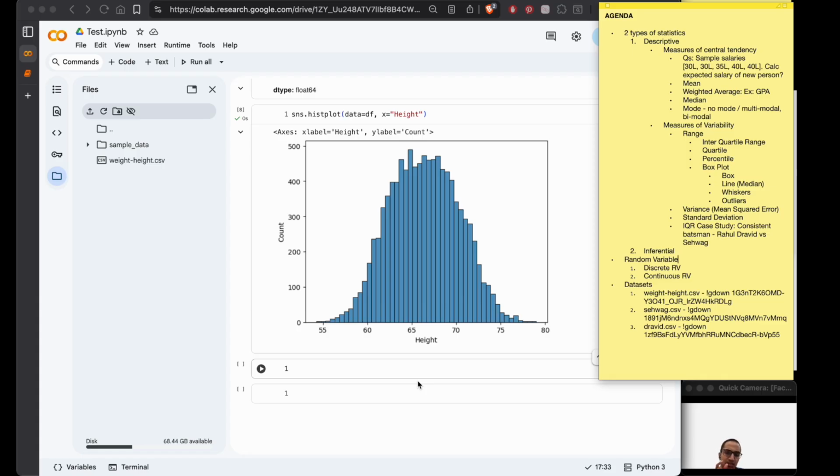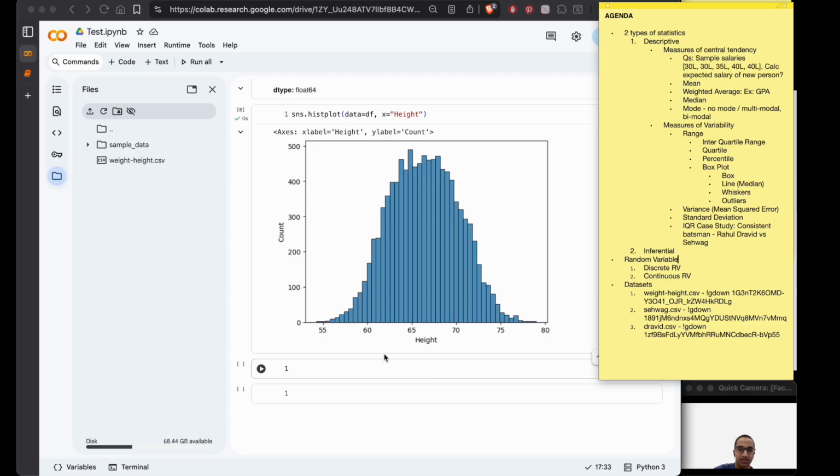The guessed height should ideally be the mean, because the mean summarizes the entire data set.